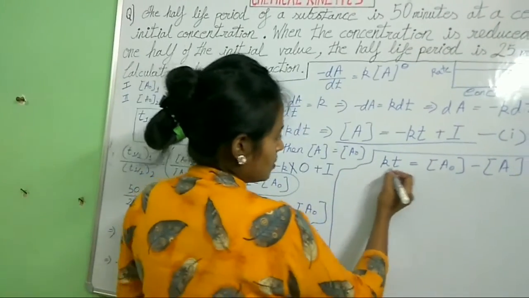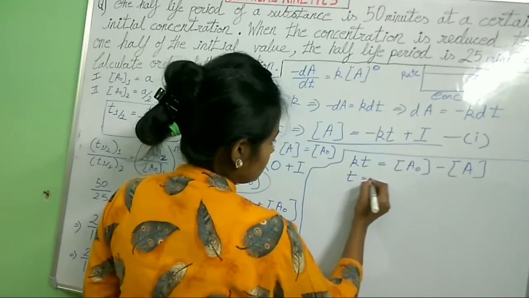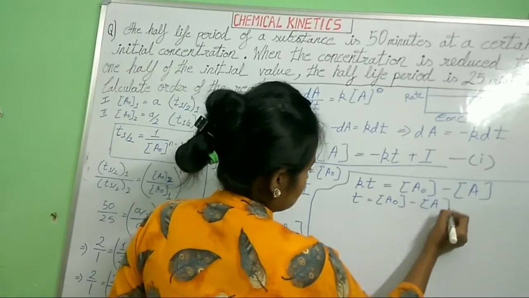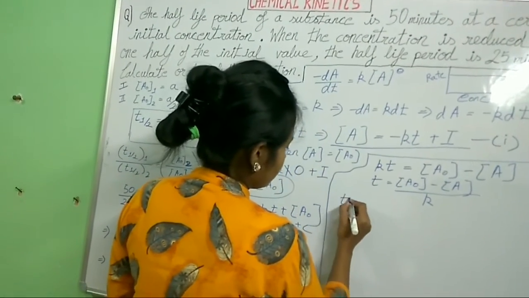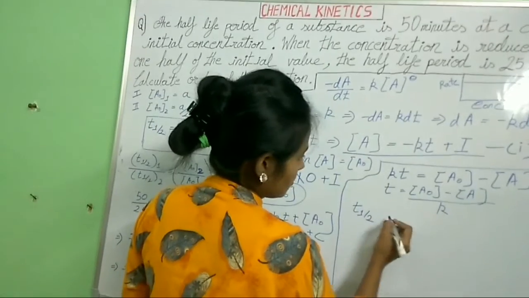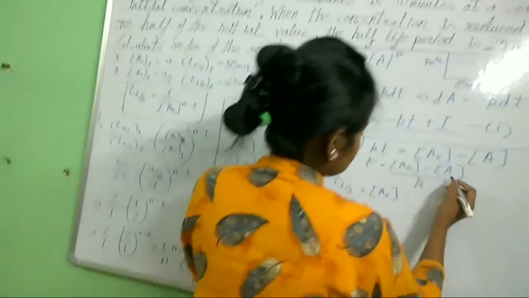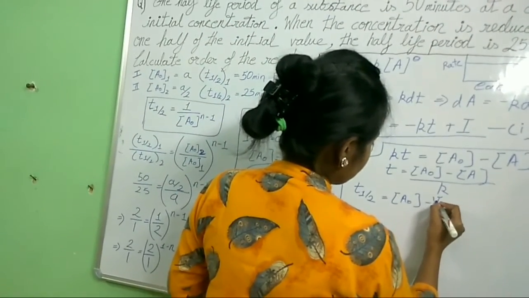Now, T equal to A naught minus A divided by K. Now when T will be half, means for T half, A naught minus A will also be half, means this will be half.